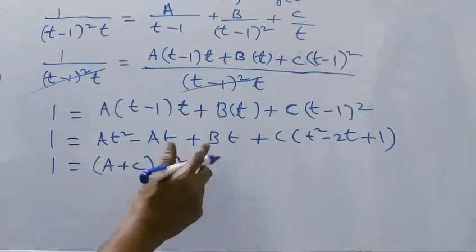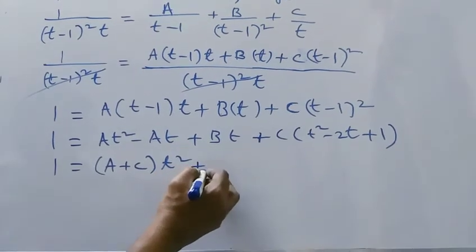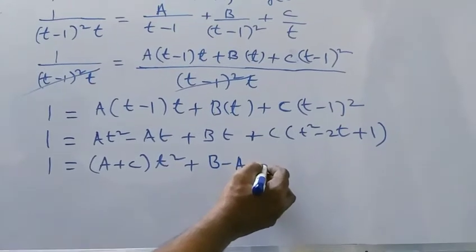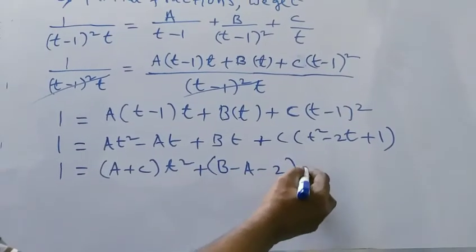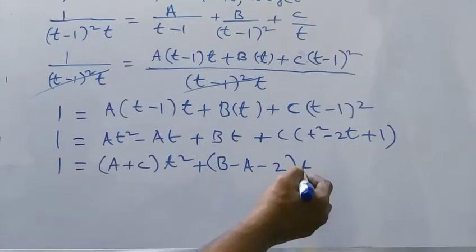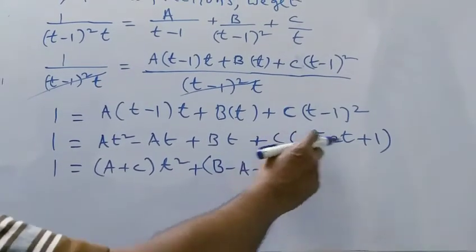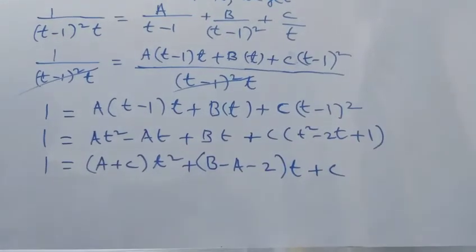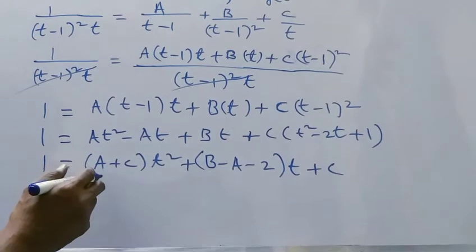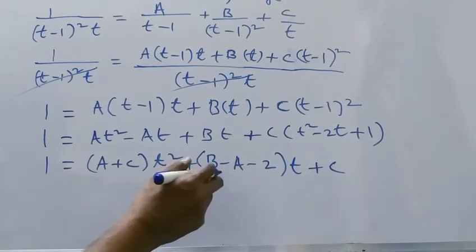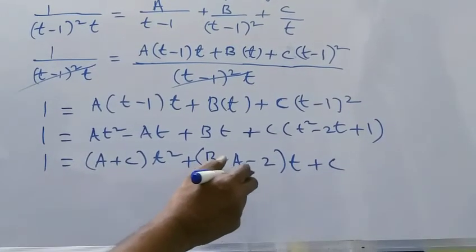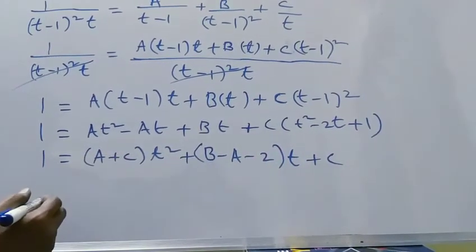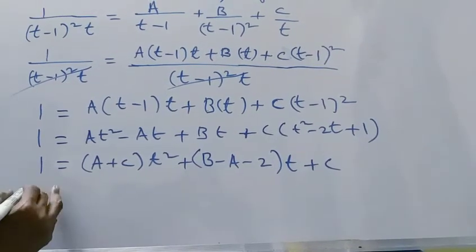After taking t as common, it becomes (b minus a minus 2) t, and the constant term is c into 1, c. This is 1 is equal to (a plus c) into t square plus (b minus a minus 2) into t plus c.